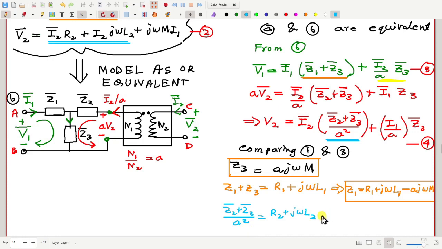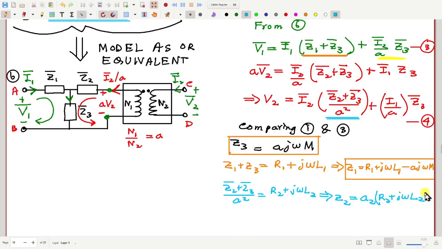So from here we get Z2 equal to A square R2 plus j omega L2 minus Z3, minus A j omega M. That means Z2 is A square, let me take that common, R2 plus j omega L2 minus j omega M by A.